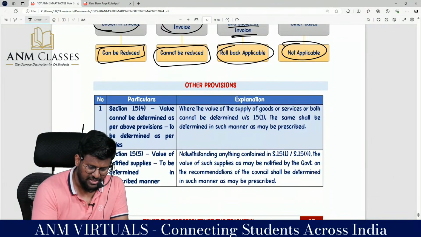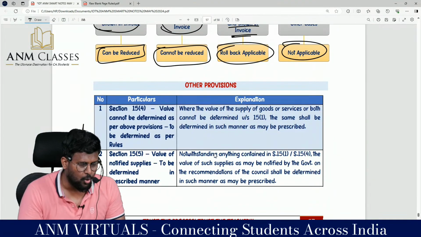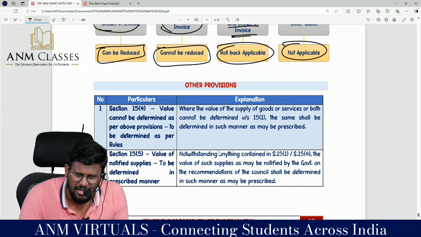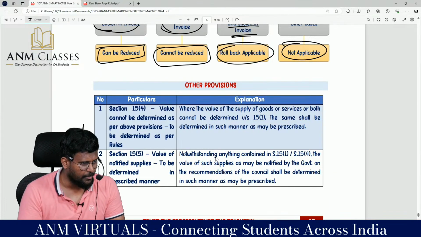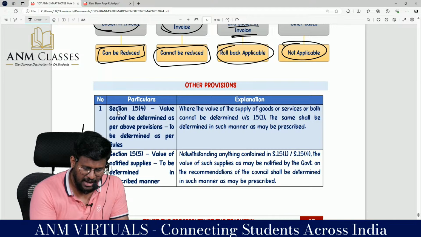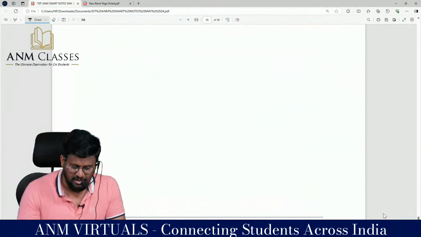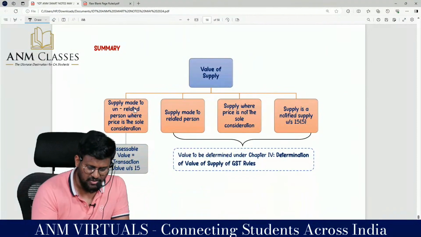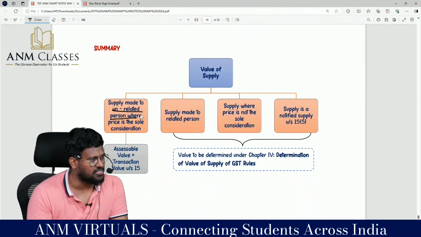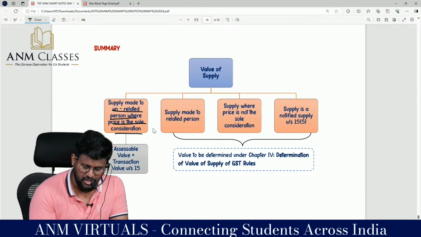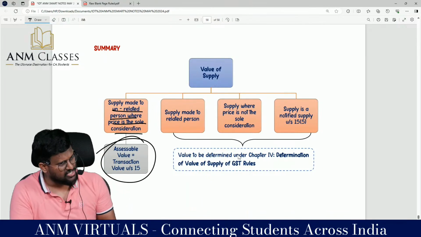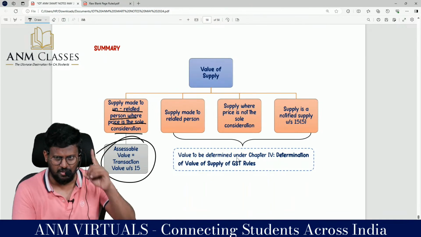Sir, if the SRS conditions are not satisfied, you have to step into the valuation rules, correct? Yes sir. Valuation rules are not applicable for CA Inter, right? Yes sir. So 15-4 and 15-5 are not applicable in our syllabus, right? Yes sir. Value of supply: if the supply is made to a related person where price is the sole consideration, then the assessable value is equal to the transaction value as per section 15 subsection 1.